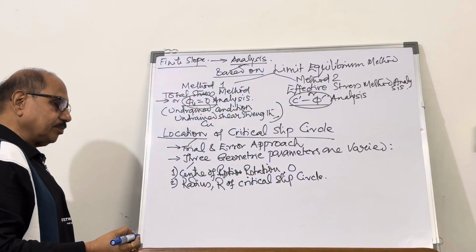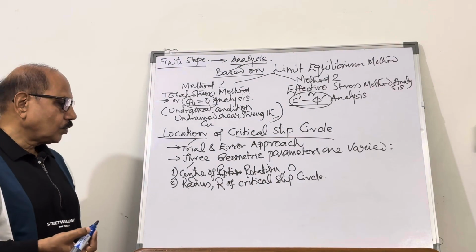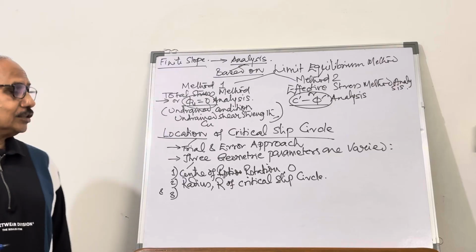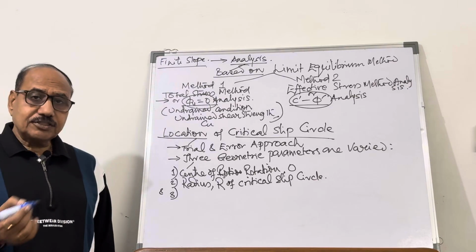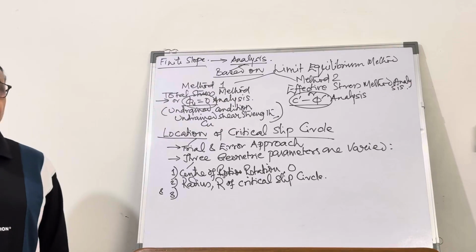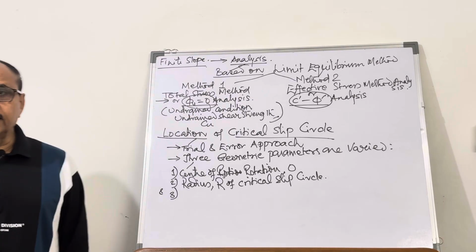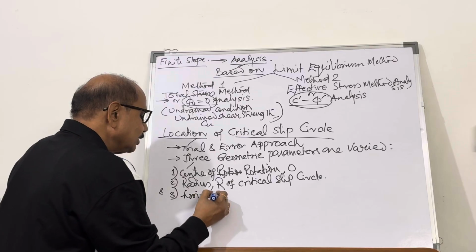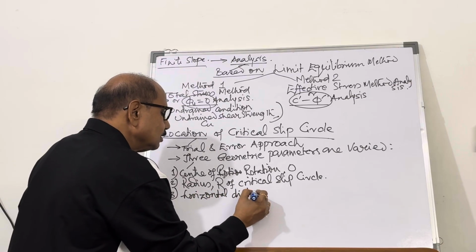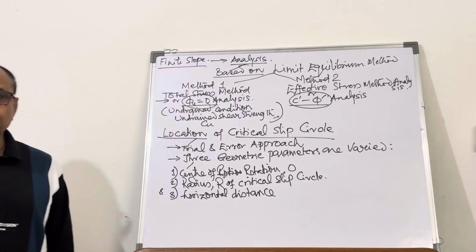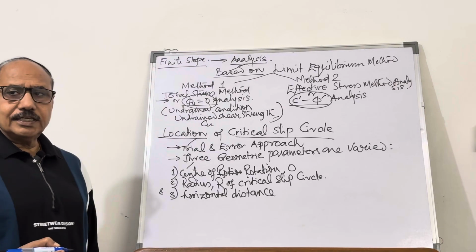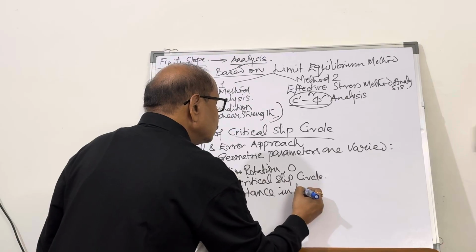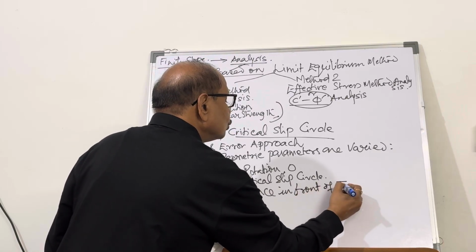There is another geometric parameter that is varied, and the very important one is the x value, as I have shown in my previous video, that is the horizontal distance, also the distance of the intercept in front of the toe.